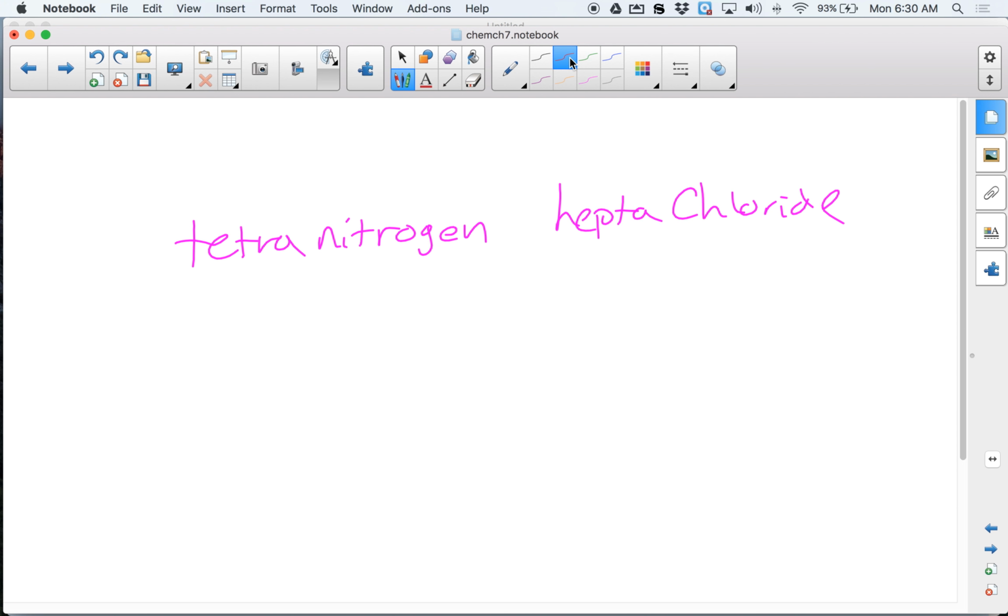Here, the prefixes tell you how many of the element. So, tetra is 4. I have 4 nitrogens. Hepta is 7. So I have 7 chlorines. So my formula would be N4Cl7. That is the chemical formula for tetranitrogen heptachloride.